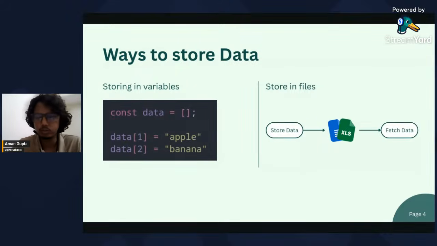I hope you all know MongoDB is a database. Why should I use a database if I can store data directly into variables or files? Does anyone have any idea regarding this? You can answer me in the chat.